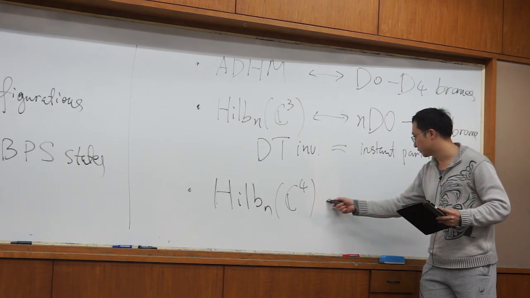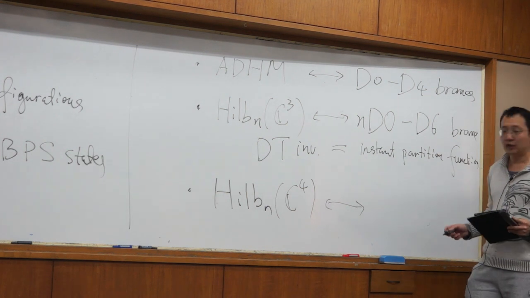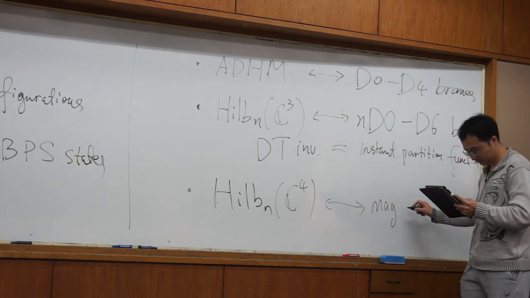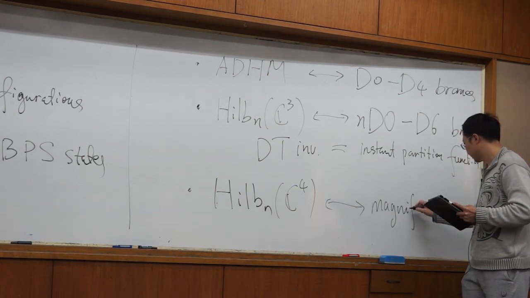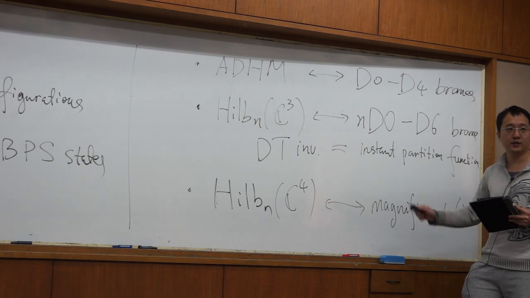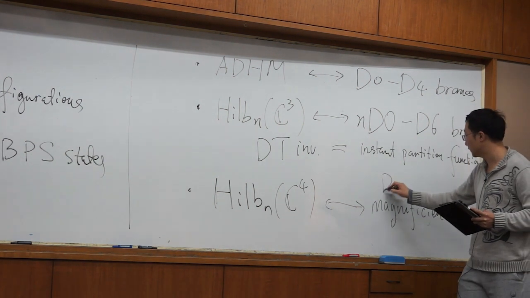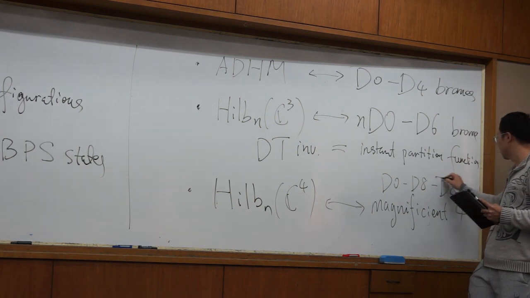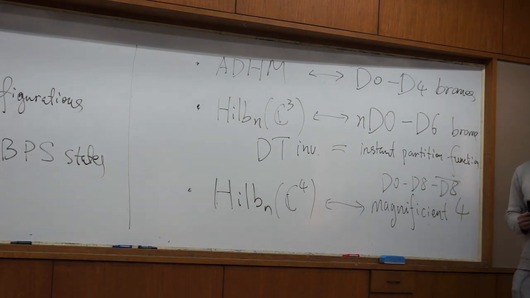From the physics side, this is related to the Magnificent Four model, which is a brane system of D0, D8, and anti-D8 branes.